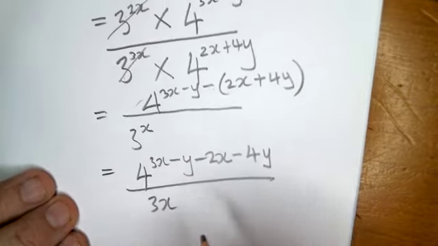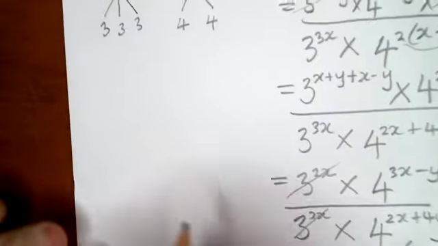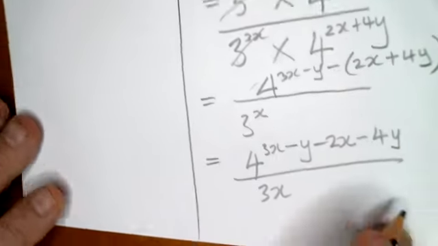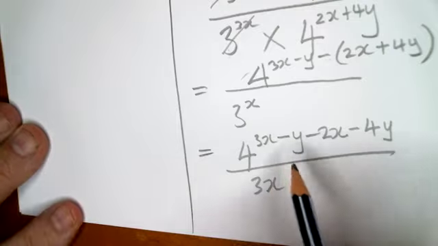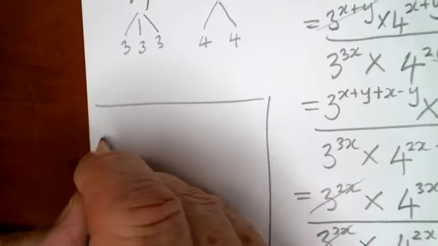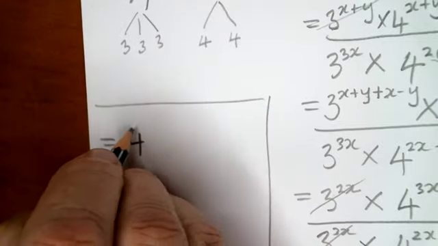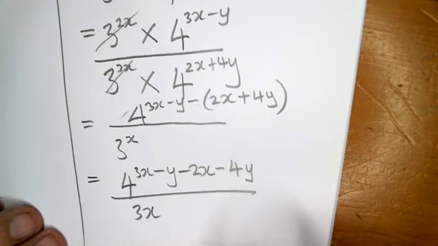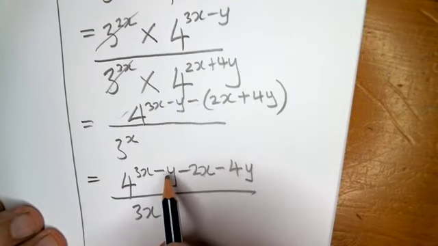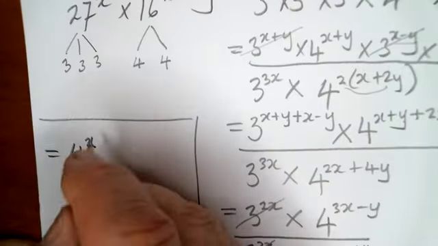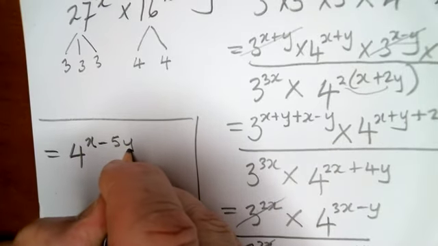So I'm now going to head up to the top of the page here. I've got 3x minus 2x, so I've got 4 to the power of x, and a negative y minus 4y is negative 5y, so minus 5y.